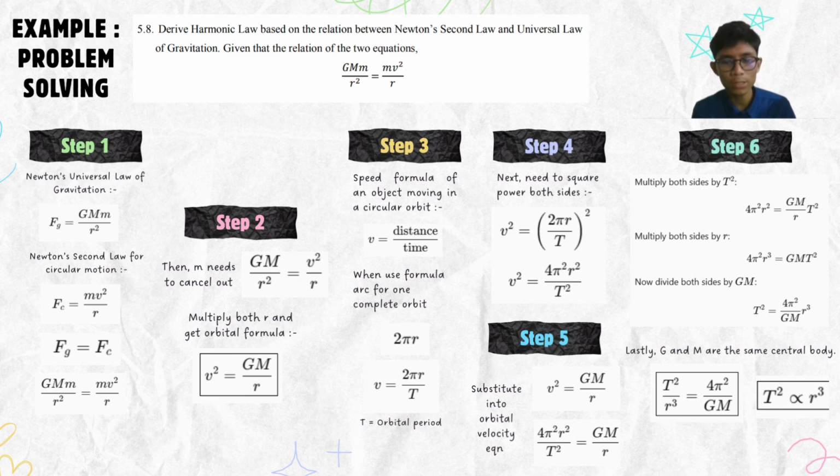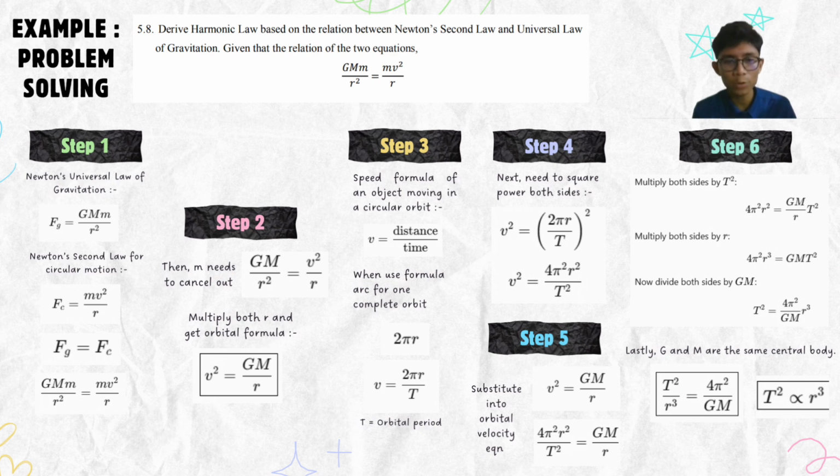The first equation is the gravitational force, Fg equals G M m over r squared. The next equation is the centripetal force needed for circular motion, Fc equals m v squared over r. Since gravity provides the centripetal force, we set these two equations equal.